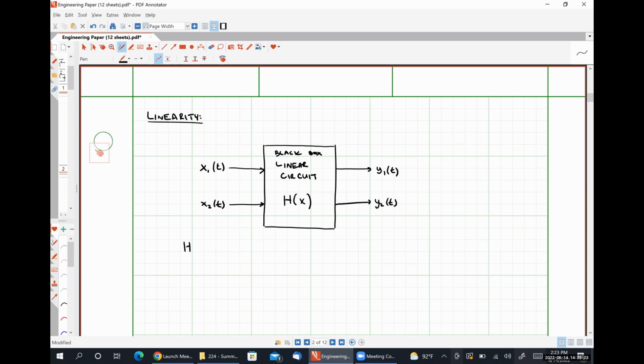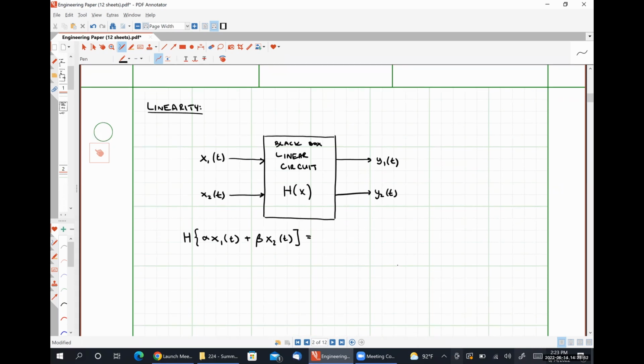H, my transfer function, acting on alpha x1 of t plus beta x2 of t will yield an output of alpha y1 of t plus beta y2 of t.